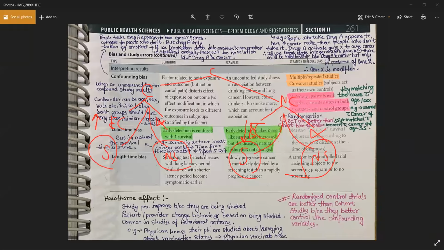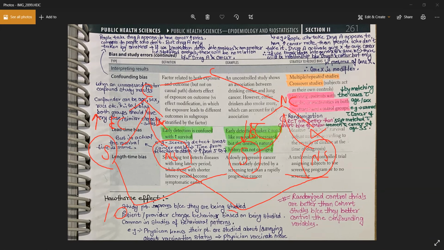Now instead of comparing the chocolate and non-chocolate groups, you decided to compare the smoking groups in both of them and the non-smoking groups in both of them. What you will get is 10 cases of esophageal cancer in the smoking group and 10 cases in the other smoking group.